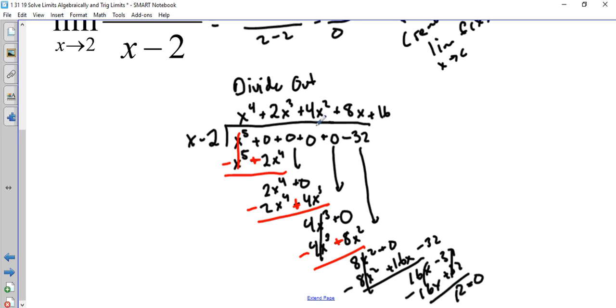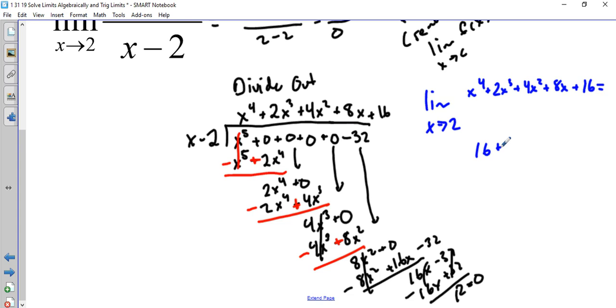And therefore, this is our new function, which we're going to figure out now by taking the limit as x approaches 2 of x to the 4th plus 2x cubed plus 4x squared plus 8x plus 16. You plug in the 2. 2 to the 4th is going to be 16.